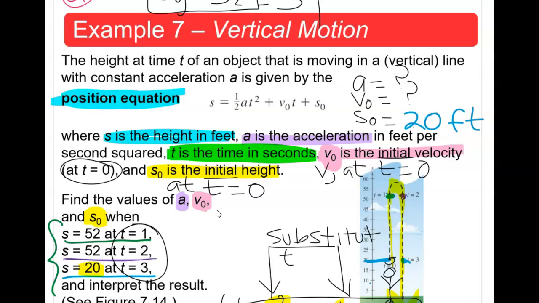And then the initial velocity, it was 48 feet per second. And then for the acceleration, we're going to have negative 32 feet per second squared. And that will be the solution.